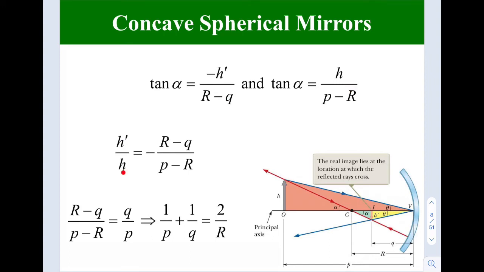Rearrange h prime over h, which is actually equivalent to m, which is negative r minus q over p minus r. So we can rearrange this equation and simplify it into 1 over p plus 1 over q is equivalent to 2 over r, where r is the radius of the curvature.